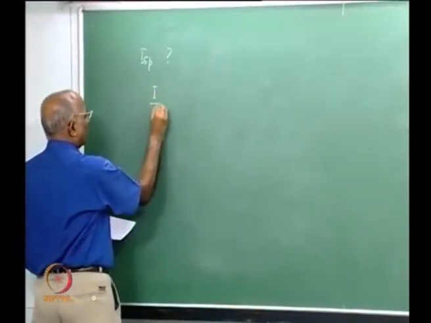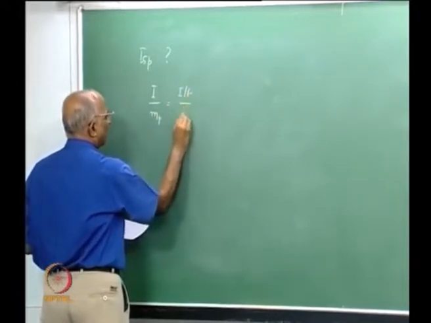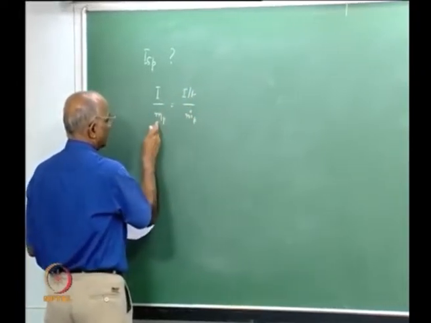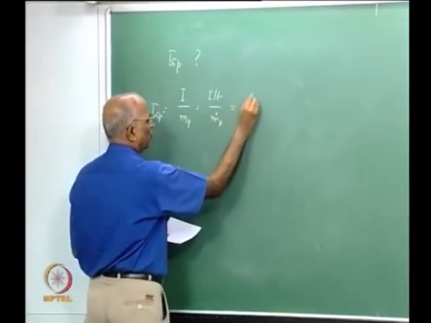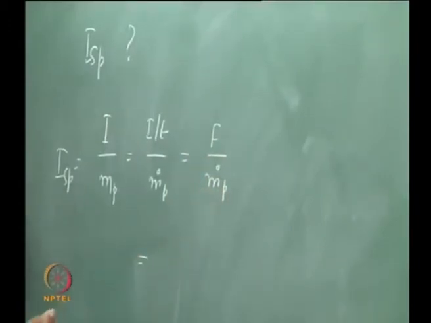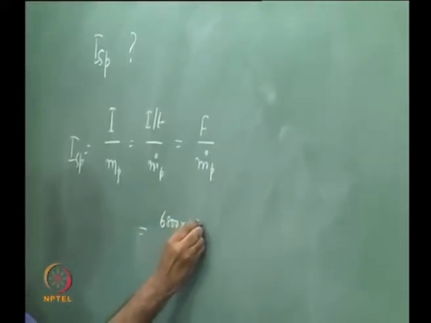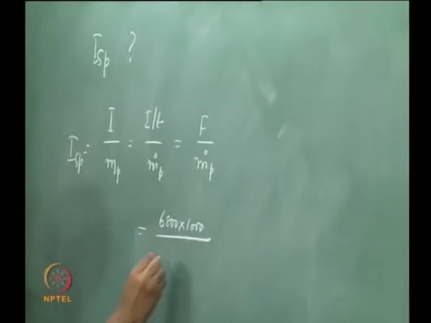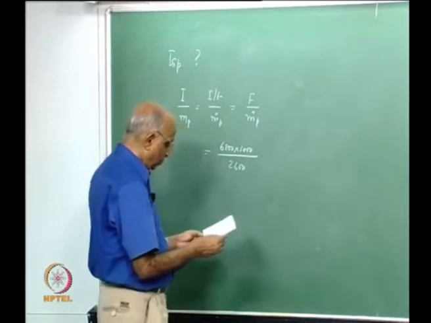Specific impulse Isp is equal to I over m_p, which is I over t divided by m dot p, which is equal to force divided by m dot p. That is 6800 into 1000 Newton divided by 2600, and the value of specific impulse will come out to be 2710.